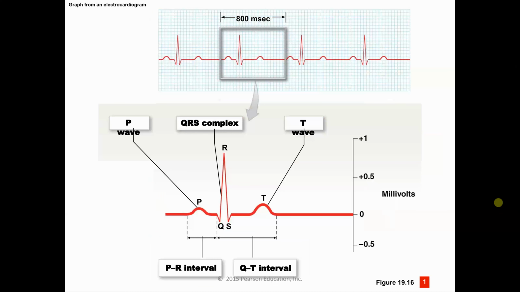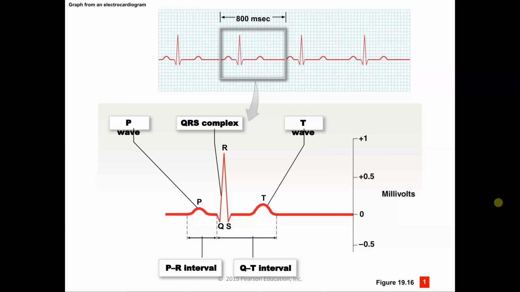And that's why you're able to pick it up with these electrodes, is because it's an electrical signal that's passing through the heart. It obviously correlates with the heart beating, right? Because that electrical signal is causing the muscles to contract. But what you're actually assessing is the electricity running through the heart.